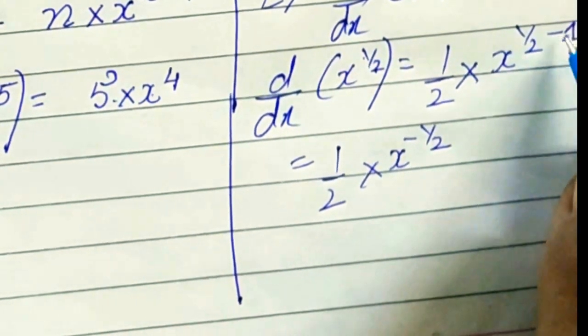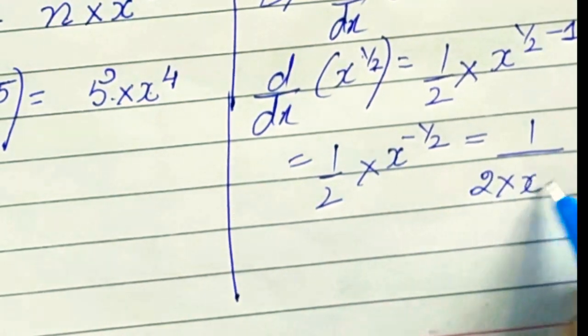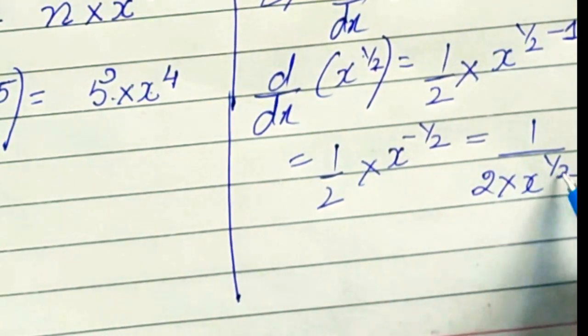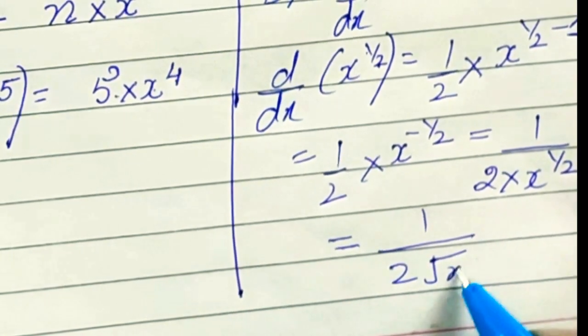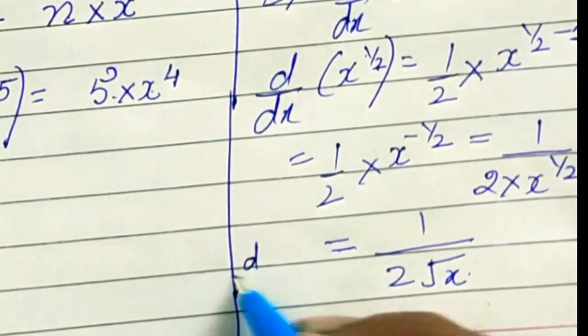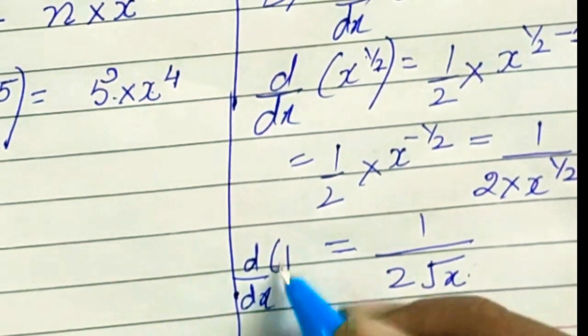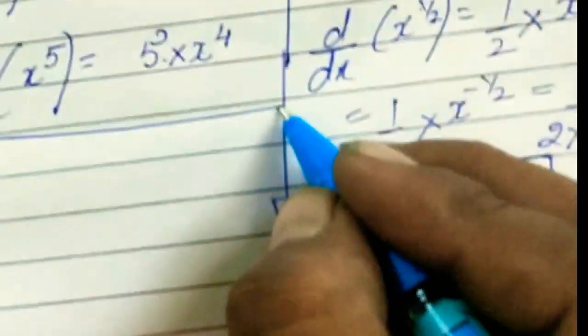Half minus 1 is minus half. Take the x की power minus half downwards, so the power will become plus half, and then that is 1 upon 2 root x. So for the students of maths, it is a standard result. They already know it. They don't have to solve it always. They cram it directly. Differentiation of root x is 1 upon 2 root x. This formula is used in physics many a times.